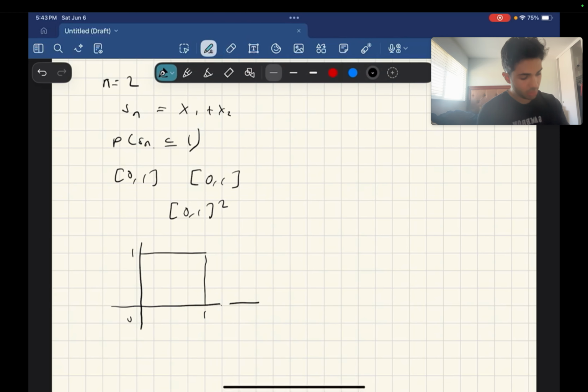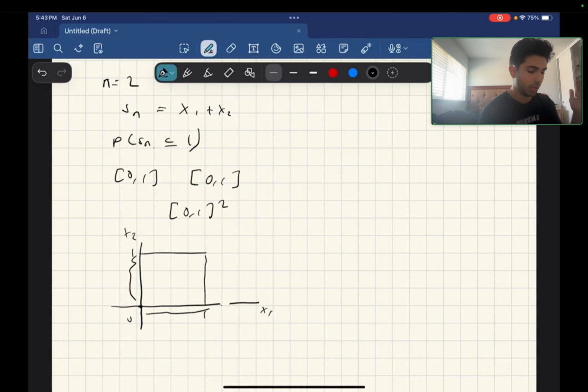This is x sub 1, this is x sub 2. If x sub 1 is 0, x sub 2 can be anything between 0 and 1, all of this. If x sub 2 is equal to 0, x sub 1 can be between 0 and 1, like all of this. But let's say x sub 1 is 1/2.